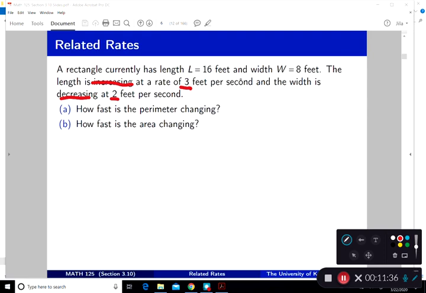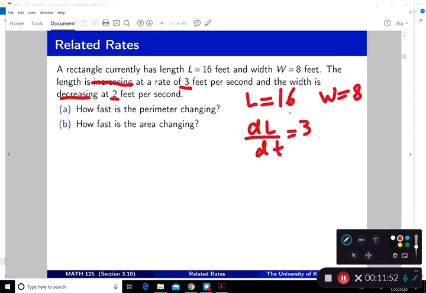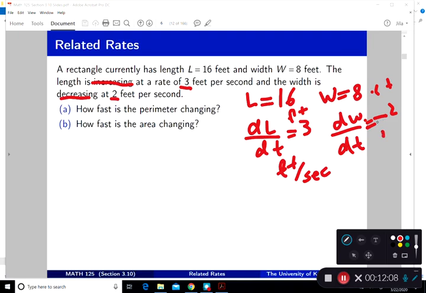So at the instant that we're talking about, L is 16, W is 8. What is dL/dt? dL/dt is equal to 3. What is dW/dt? That is equal to -2. So these are feet per second. Same thing here.